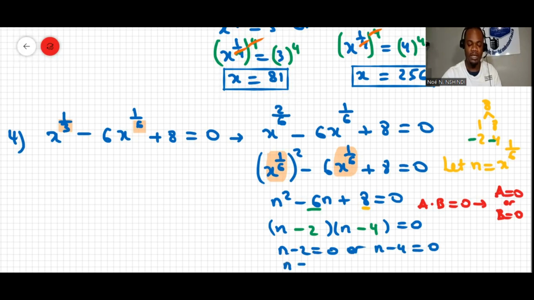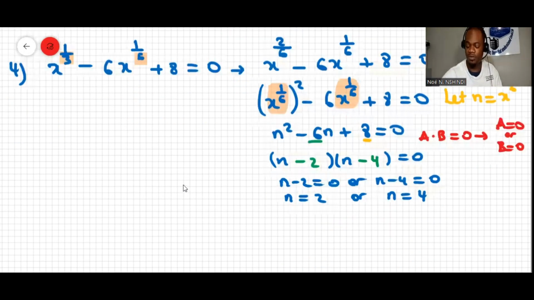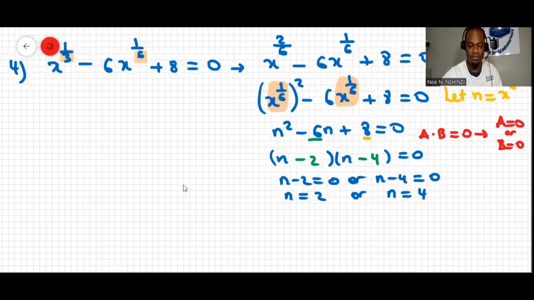This means n equals 2 or n equals 4. Then we substitute the value of n, which is x to the power of 1 over 6, equal to 2, or x to the power of 1 over 6 equal to 2 squared.